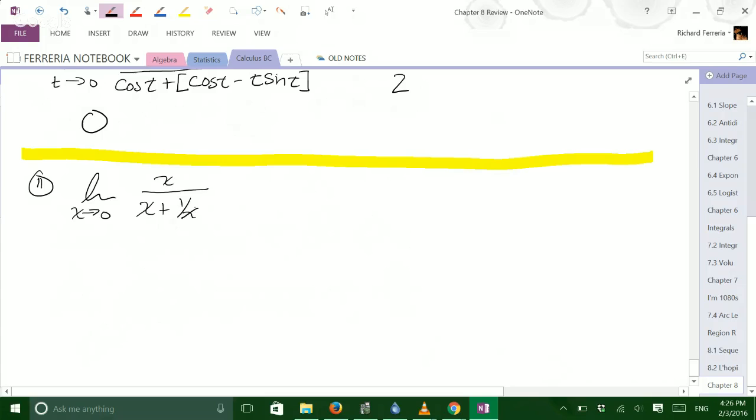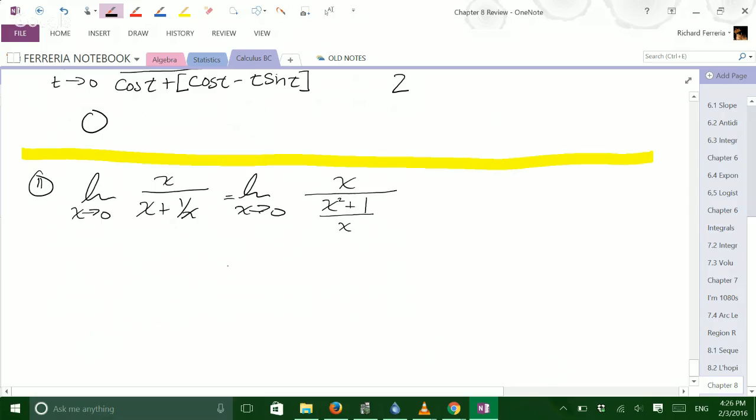Well, probably the bad thing to do right here is just to take L'Hopital's rule, because you can simplify this, right? Yes, you can. This is the limit as x approaches 0 of x on top of x squared plus 1 over x. You can simplify that too, right?